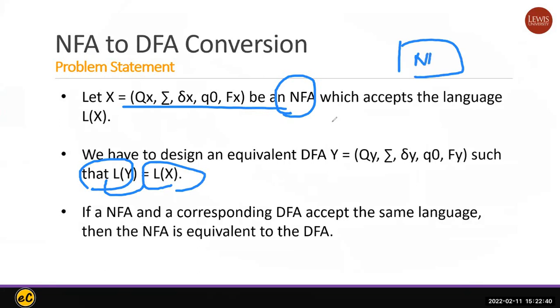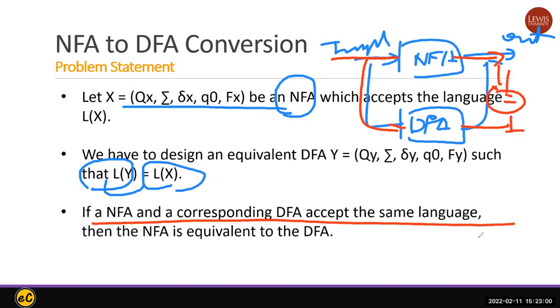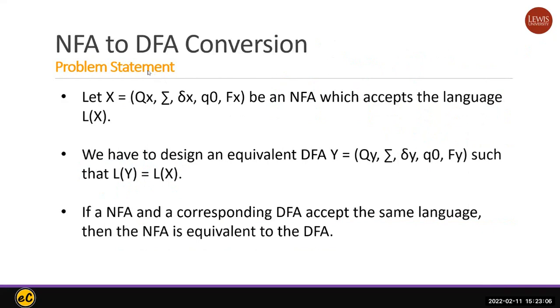Your NFA takes some input and generates some output, and if this compares with a DFA that takes the same input and generates the same output, always equivalent, then we say these two automata are equivalent. So basically the conversion is to find a DFA that generates the same result as your NFA.